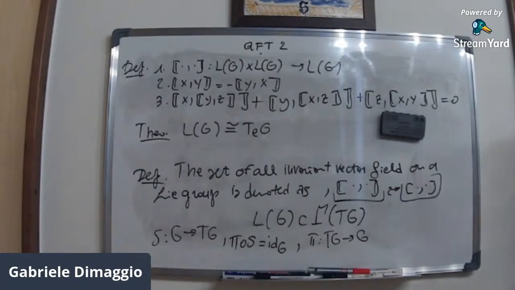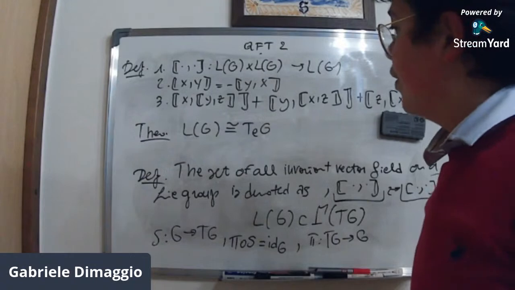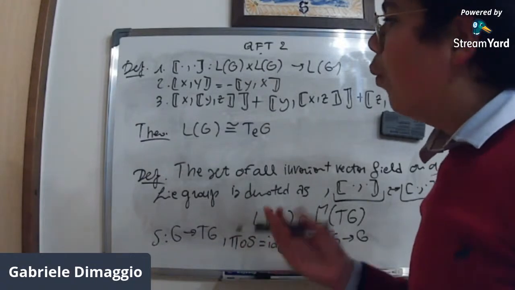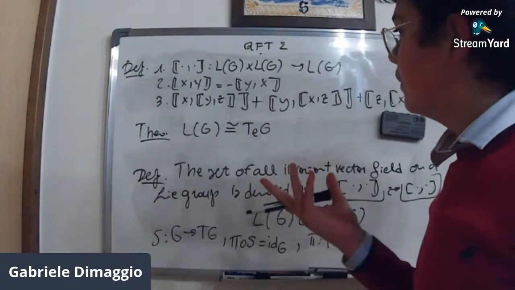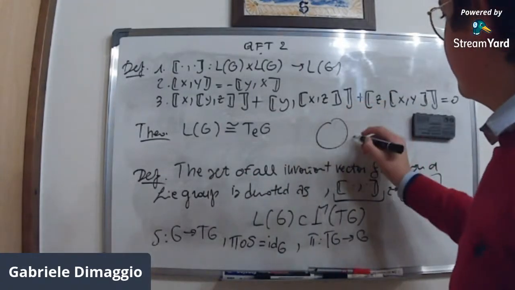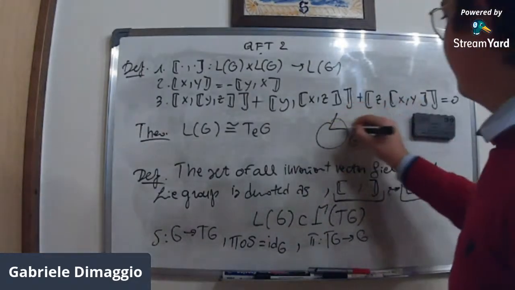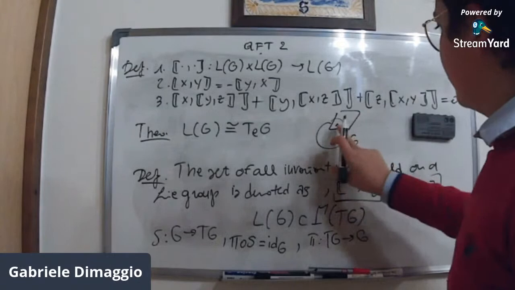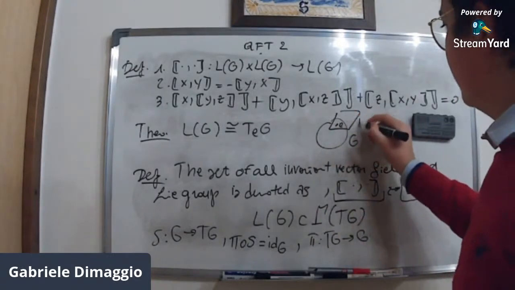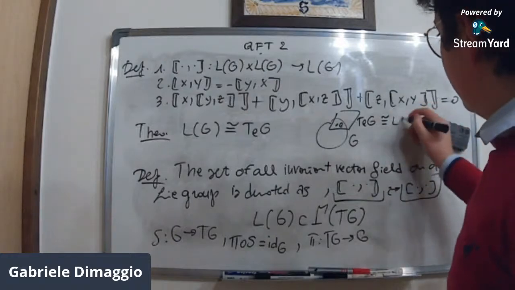if you want, we can show how to prove this theorem. If I take a smooth manifold with a group structure, and I have a tangent space at the identity e, this is isomorphic to LG.